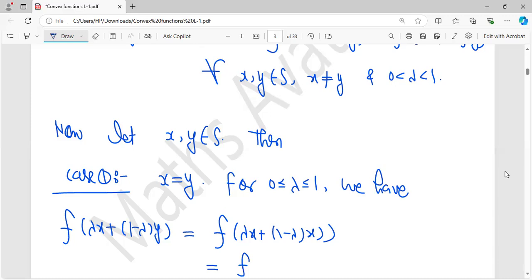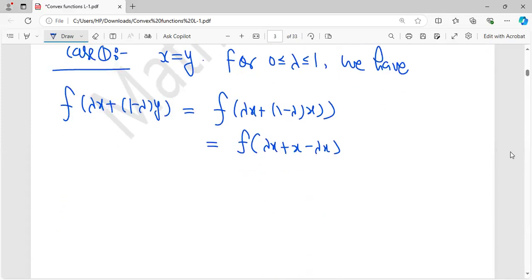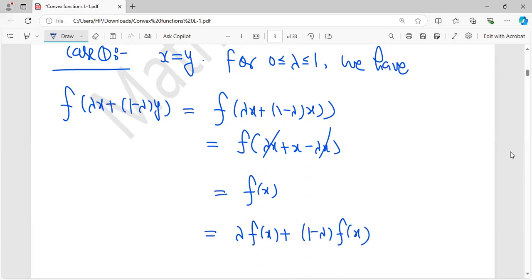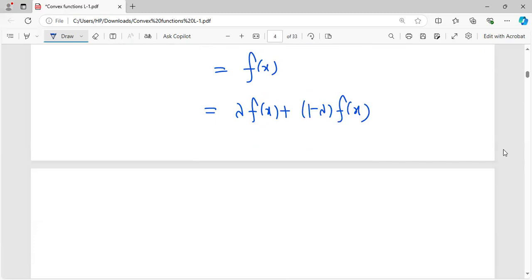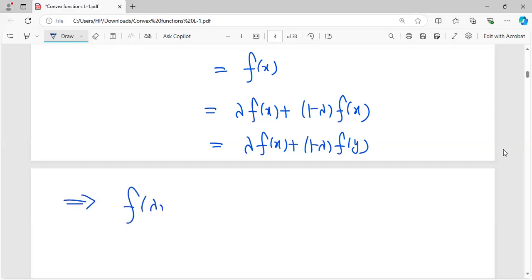So this is lambda x plus 1 minus lambda x, so this cancels out, and this is f of x. But this is equal to lambda times f of x plus 1 minus lambda f of x. So this implies f of lambda x plus 1 minus lambda y is less than or equal to lambda f of x plus 1 minus lambda f of y.